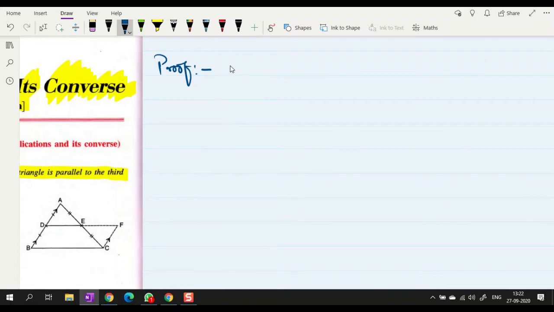The two triangles I'm going to consider are triangle ADE and triangle CFE. Can you see these two triangles ADE and CFE? Yes, sir. Great. I will just mark them with red ink.